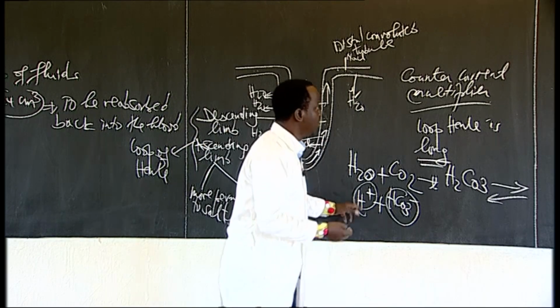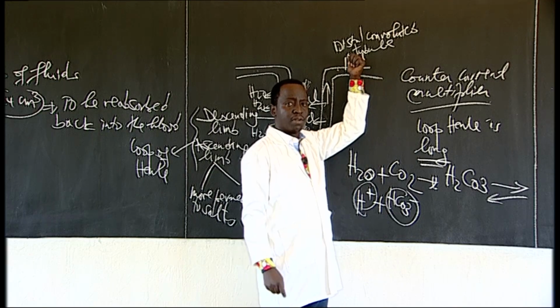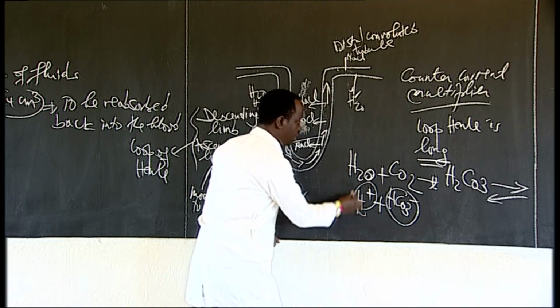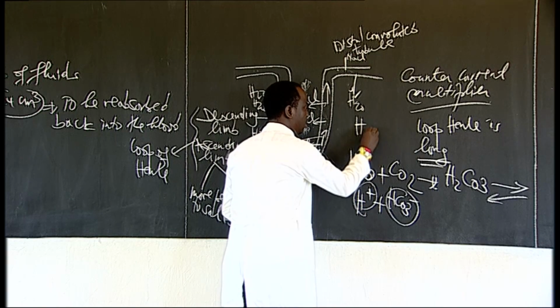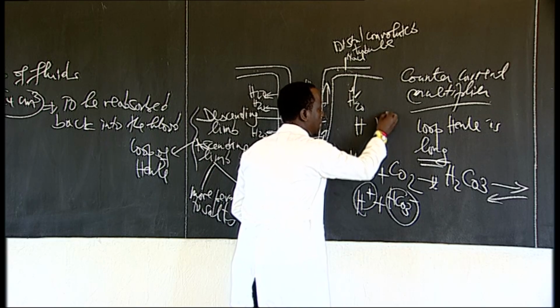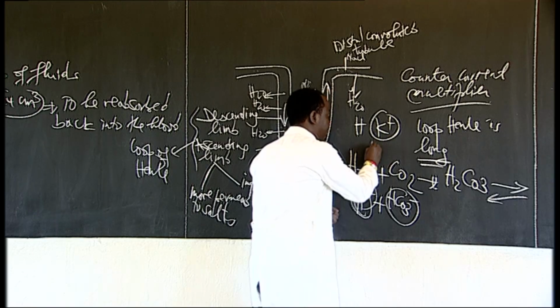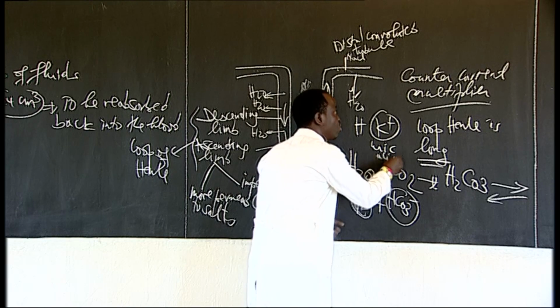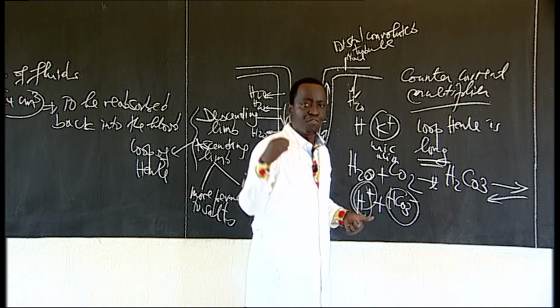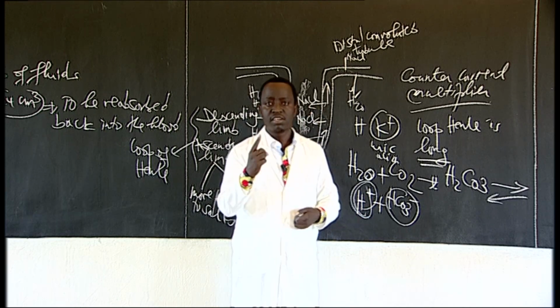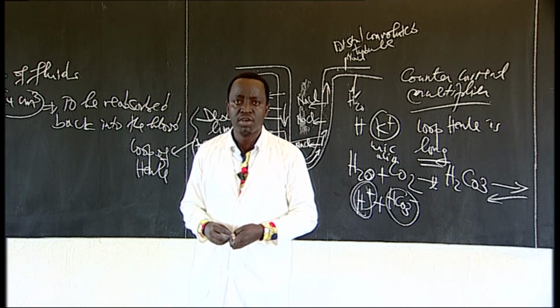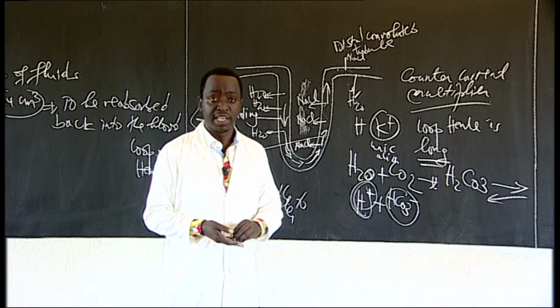And then secretion can also happen here, where we have potassium ions, or even uric acid. Uric acid is also going to be secreted. Remember, uric acid is formed from the breaking down of nucleic acid.